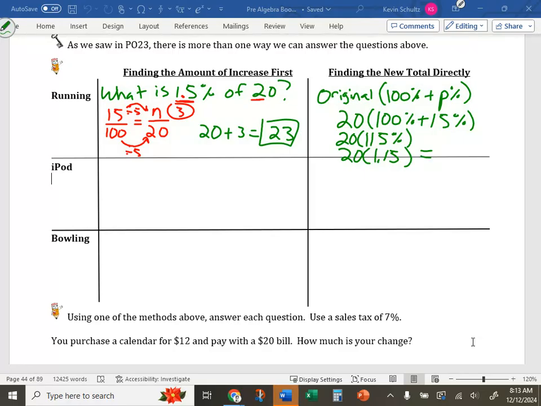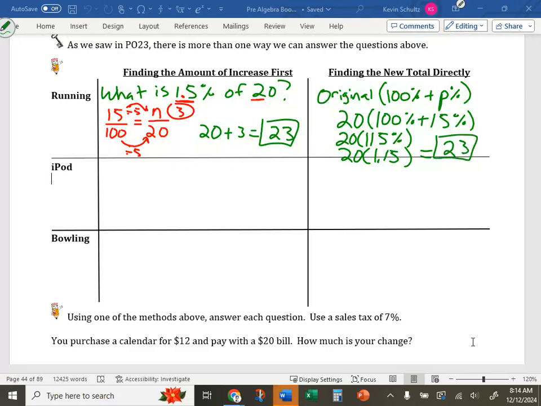If you do that, you're going to get 23. Okay? And the reason why this works is because 115% is greater than 1. So by multiplying by this 1, it gives you the original amount back, because 20 times 1 would still be 20. And then multiplying by that 0.15 brings you to the final answer directly.